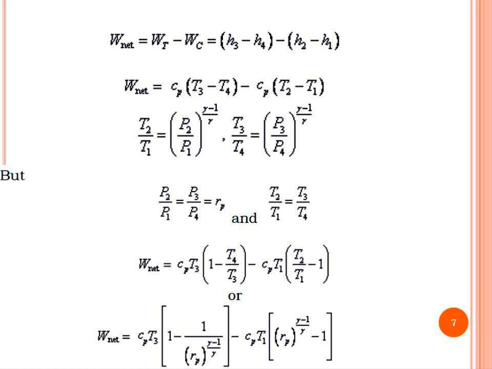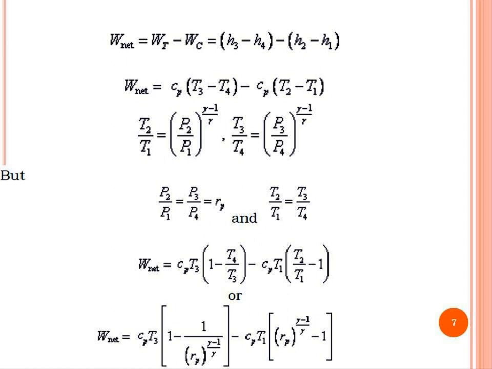We know that P2 by P1 is equal to P3 by P4, and that is equal to the pressure ratio, whereas T2 by T1 is equal to T3 by T4.